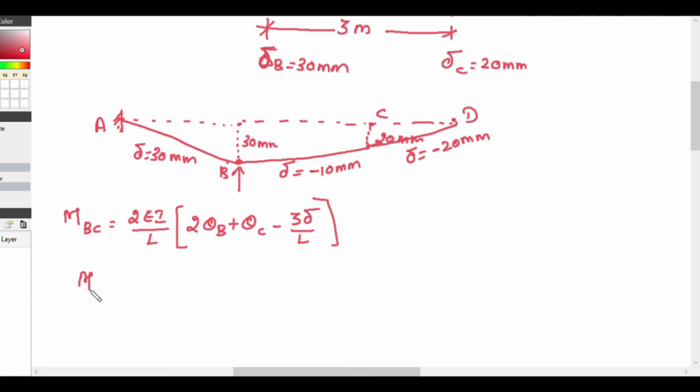So we get MBC is equal to 2EI by L, L is 3, into 2 theta B, theta B not equal to 0, plus theta C, not equal to 0, minus 3 into this delta.